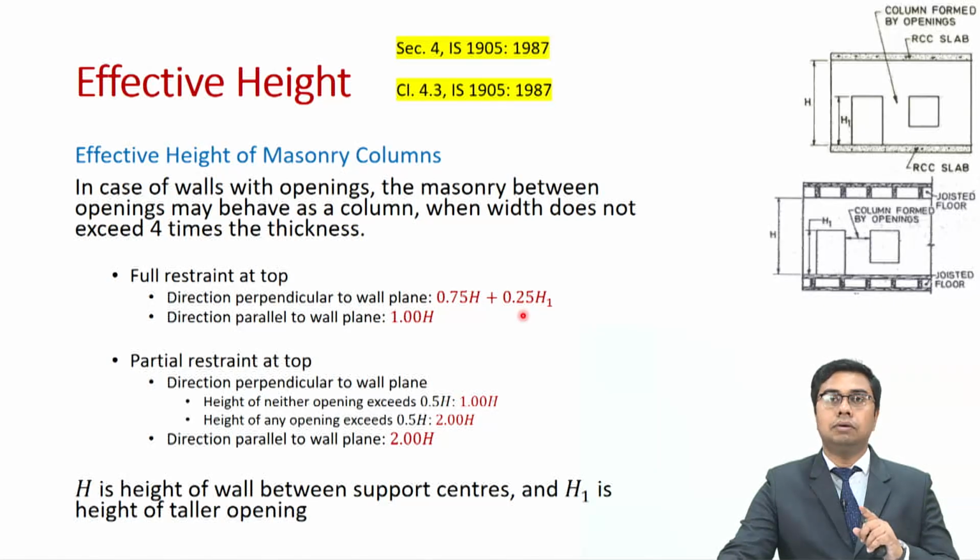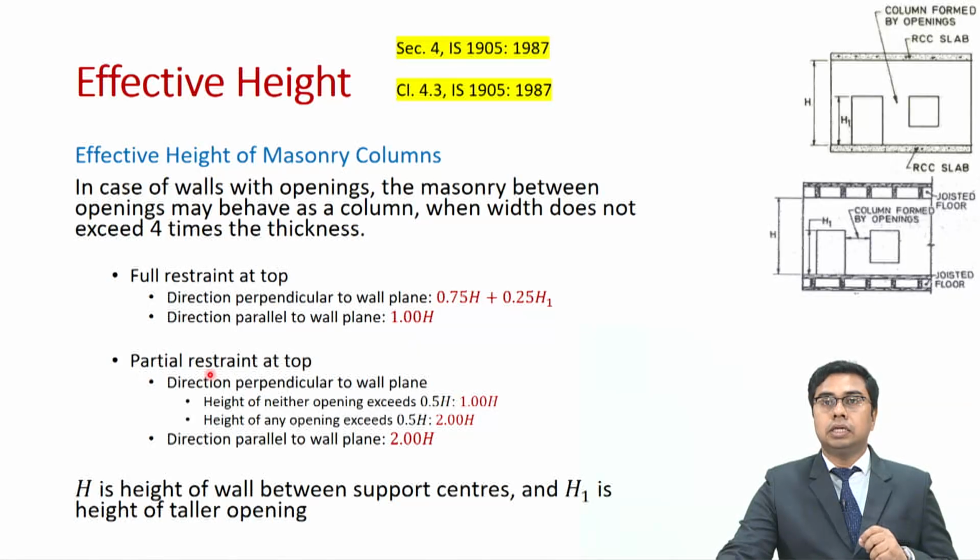In case of footing, it will be measured from the top of the footing. At the same time, H1 is the height of the taller opening. So mostly among door and windows, you will find that the door is a taller opening. If you are measuring effective height in a direction parallel to the wall plane, you will have the same as the height of the wall between supports measured center to center.